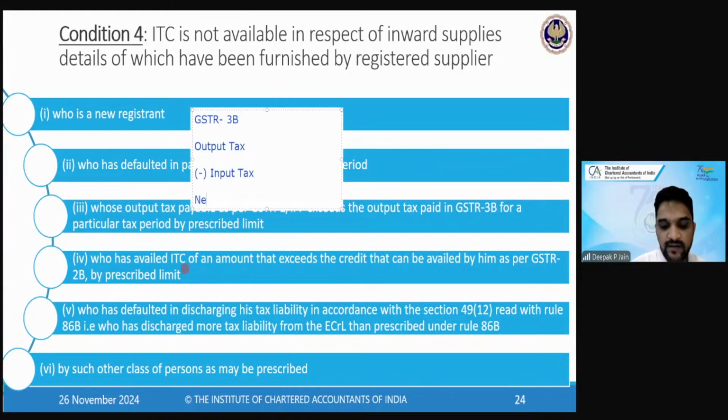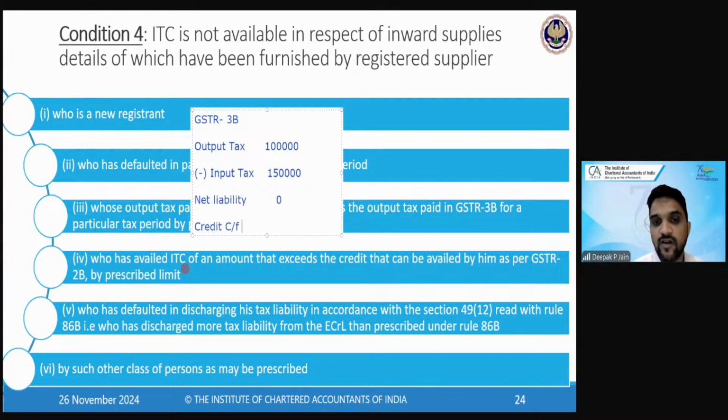And net liability will come here. Say in your 3B, your output tax is 1 lakh rupees. Your input tax is 1,50,000 rupees. So your net liability is 0. It is 0, and credit carried forward will be how much? 50,000 rupees. Okay.